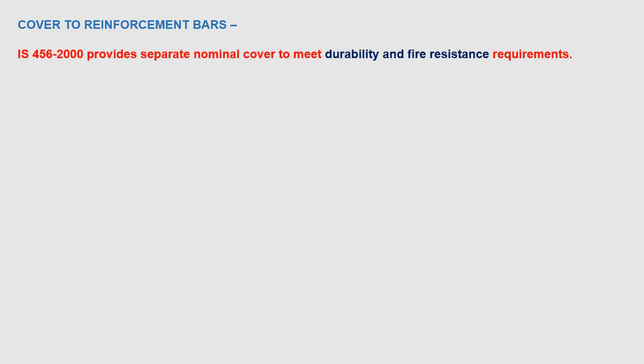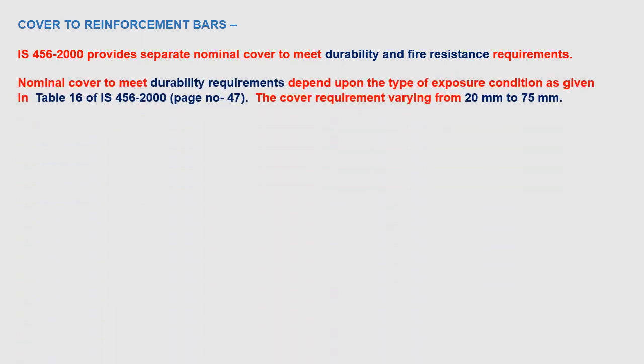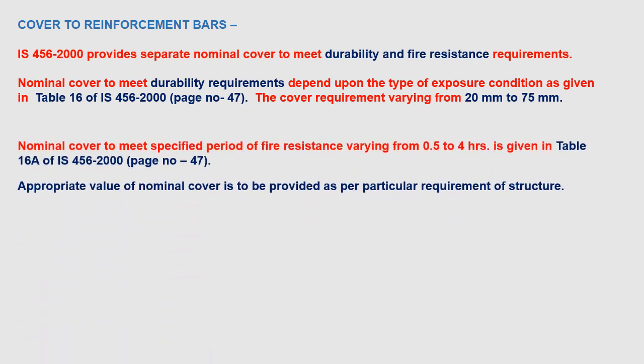Now I shall discuss the cover to reinforcement bar. As per IS 456-2000, separate nominal covers are given to meet the durability and fire resistance requirements. Nominal cover to meet the durability requirement depends on the type of exposure condition, which is given in table 16 of IS 456, and here you will see the cover requirement varies from 20 millimeter to 75 millimeter.